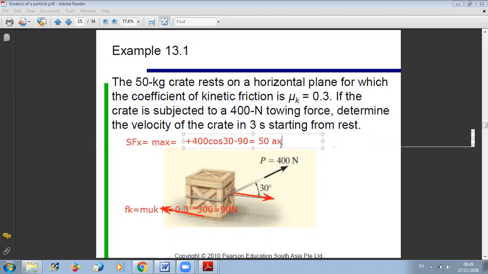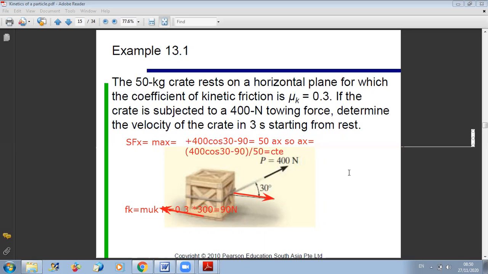As you can see, ax is a constant. So ax is equal to 400 cosine 30 minus 90, over 50, which is a constant. Because it's a constant, I can apply all formulas of constant acceleration. Since I need to find the velocity in 3 seconds, which relation from the previous chapter will I use for constant acceleration?